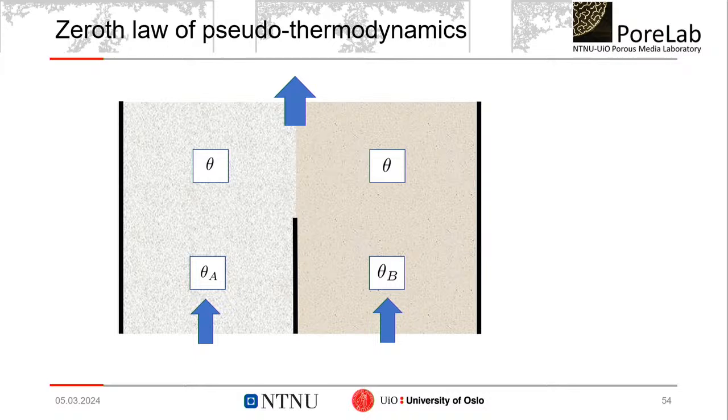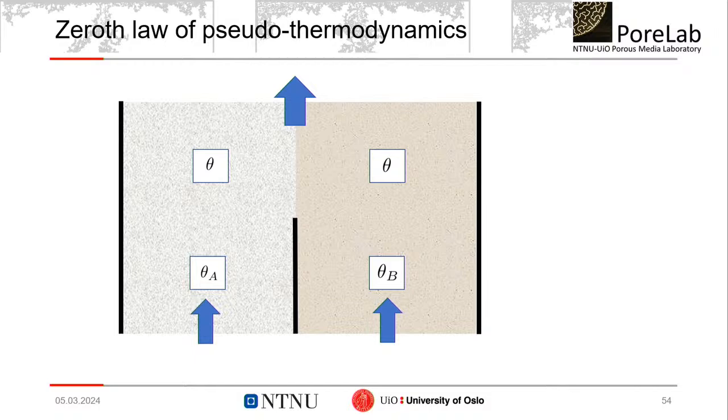Zeroth law of thermodynamics: if I have to define a temperature, in classical thermodynamics the definition of temperature is what you get from a thermometer. That actually is a definition, but it's closely related to the third law of thermodynamics. So here's the porous medium.